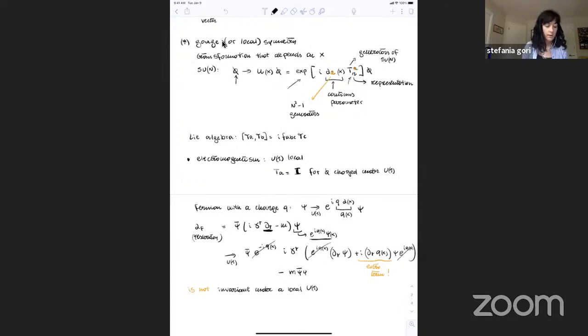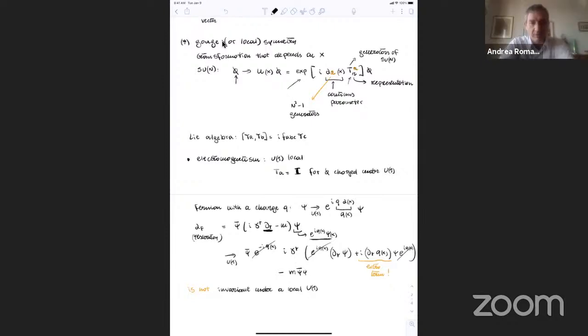And I think someone asked me yesterday, if I remember correctly, but here what we are trying to do is to write down a Lagrangian that is invariant under the symmetries that we are imposing. And here I'm imposing a local U1 symmetry. So what I want is a Lagrangian that is invariant under U1. So there is something that I need to do on top of the Lagrangian that we introduced yesterday.